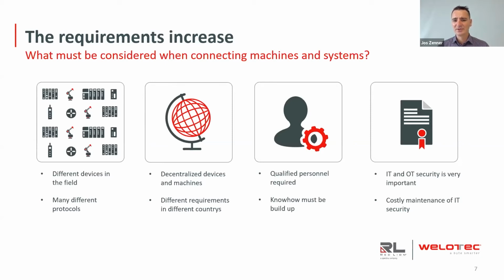And if those two things come together, you need to have some kind of solution that can cover both, and that is accepted from the IT side, but also from the OT side. So you need to have qualified personnel to manage those things, and you need to build up know-how from the IT side or from the OT side. And if you really want to do industrial IoT projects, this is crucial.